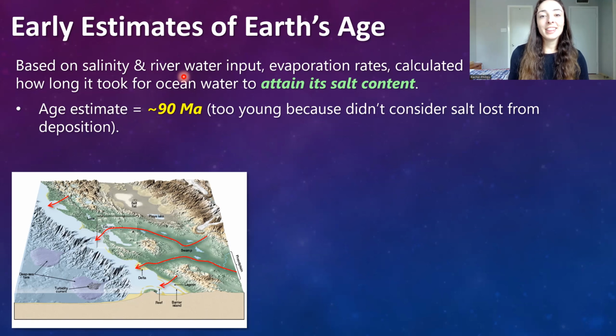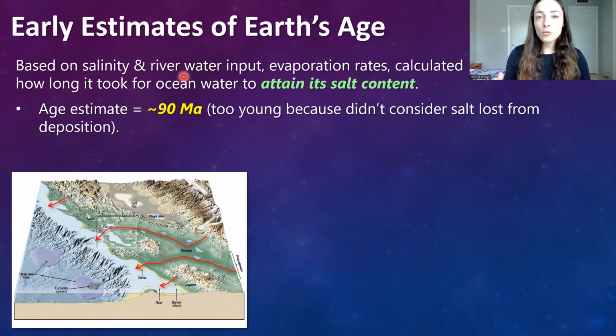However, they missed a key point here. They forgot to take into consideration salt lost from deposition, which is a major component of salt that is lost from the ocean. Because salt not only precipitates as NaCl, but also its dissolved ions react with so many other things to precipitate out as other rocks and become deposited.